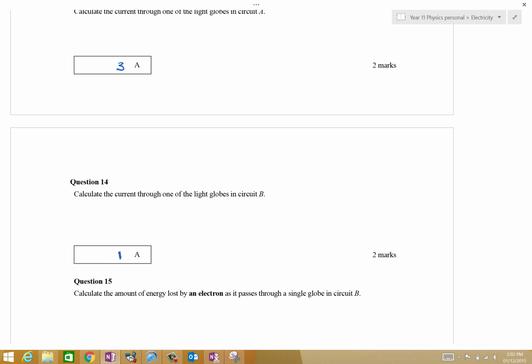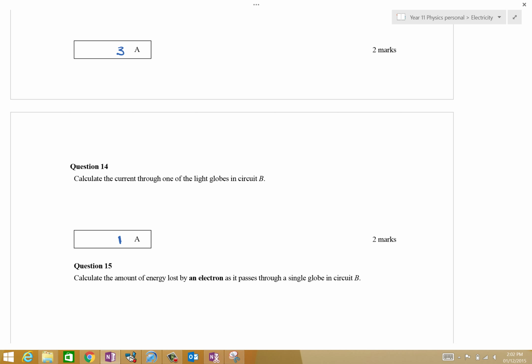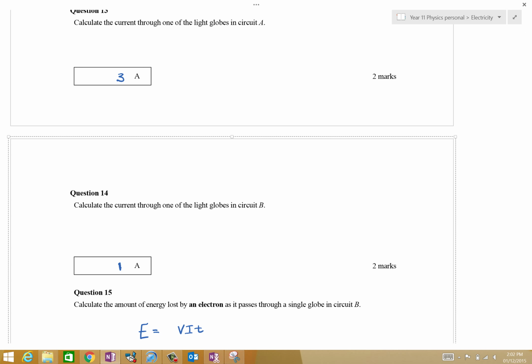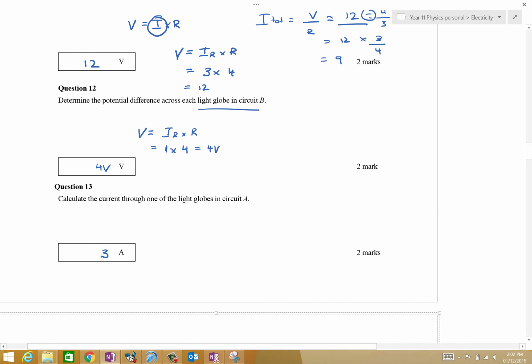Calculate the amount of energy lost by an electron as it passes through a single globe in circuit B. We could do that. Now, we've got to obviously relate this to how many electrons.